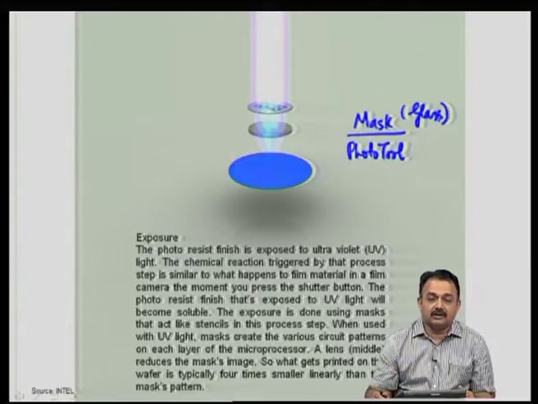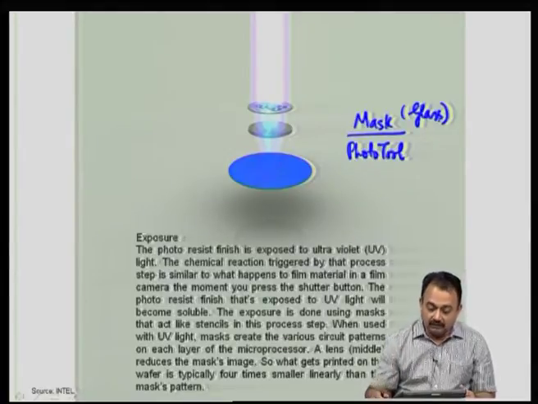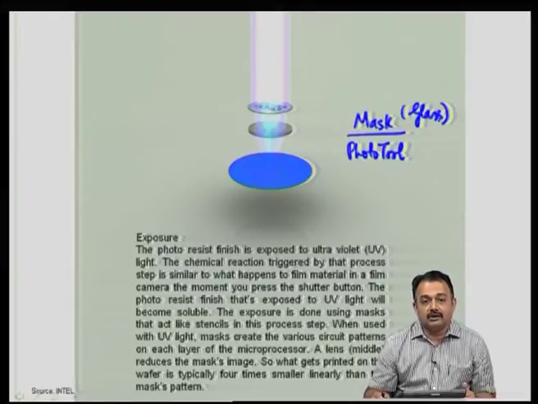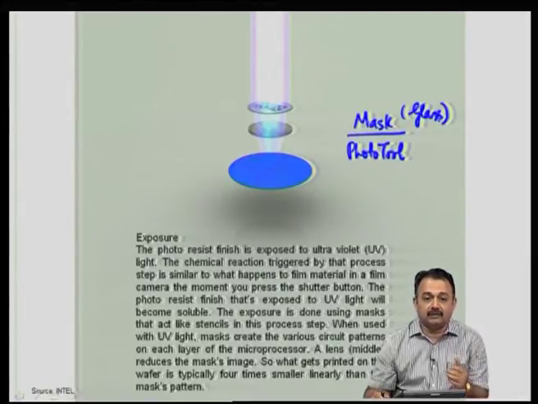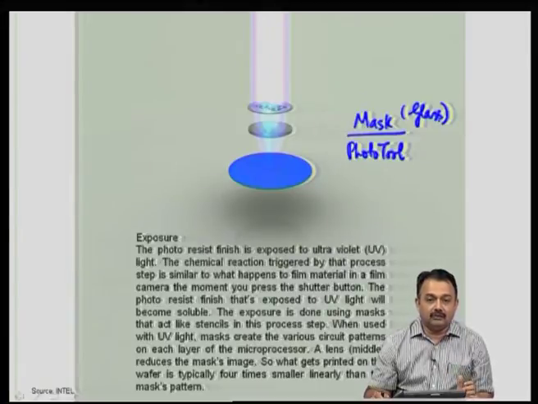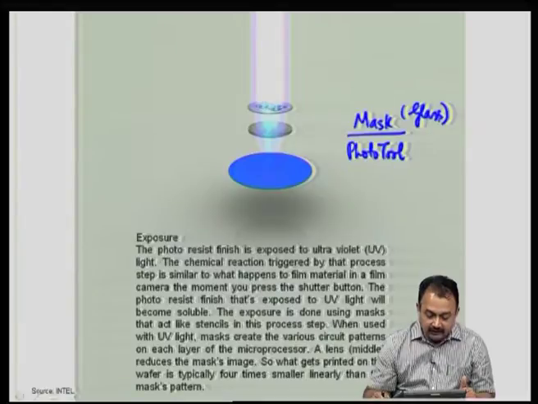Those areas which require capture of the design circuit will be translated onto the photoresist using UV light. So, exposure here means exposing the photoresist to a particular source of light, typically UV light. So, the photoresist is exposed to UV light.